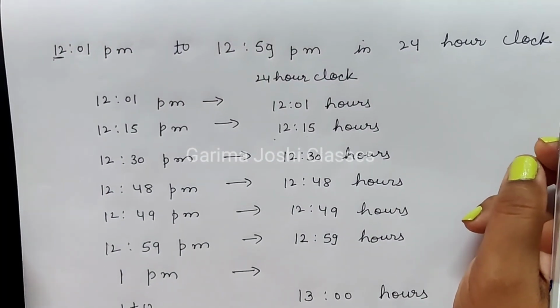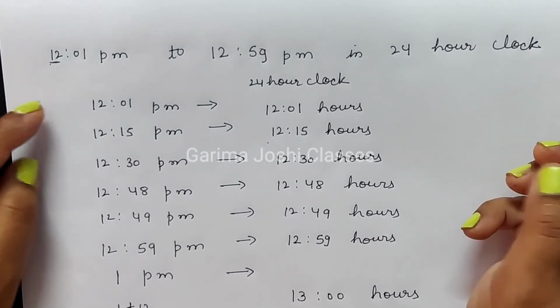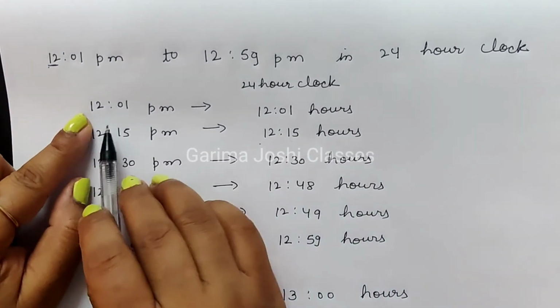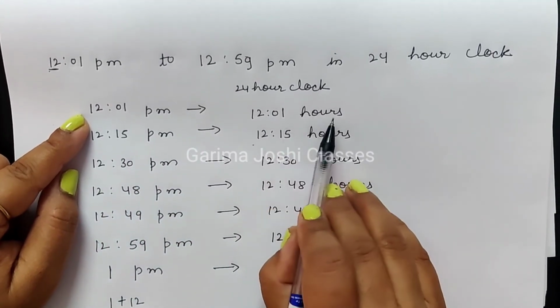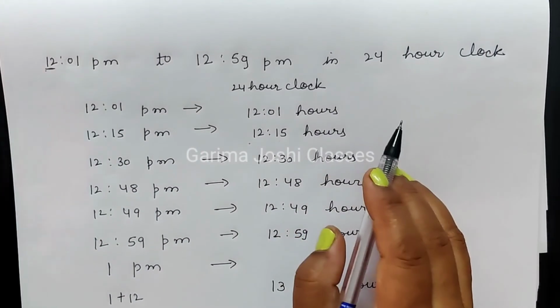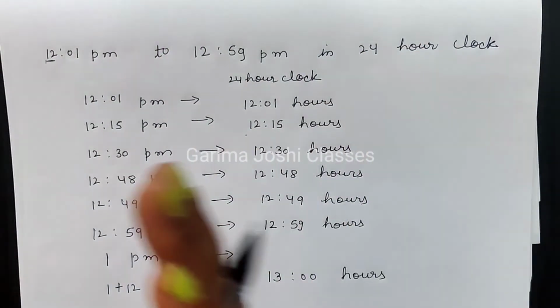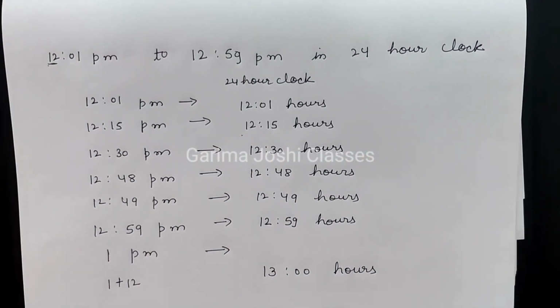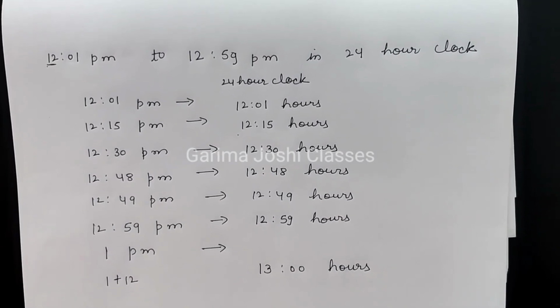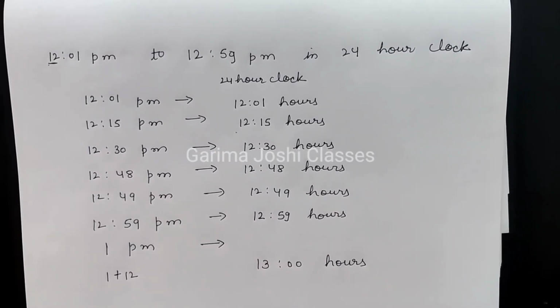We know our 12-hour clock will reset here. So what will we do? If it is written 12:01 p.m., it will become 12:01 hours in 24-hour clock. Here addition of 12 will not work. Similarly, in 24-hour clock at 00 hours that will not work.